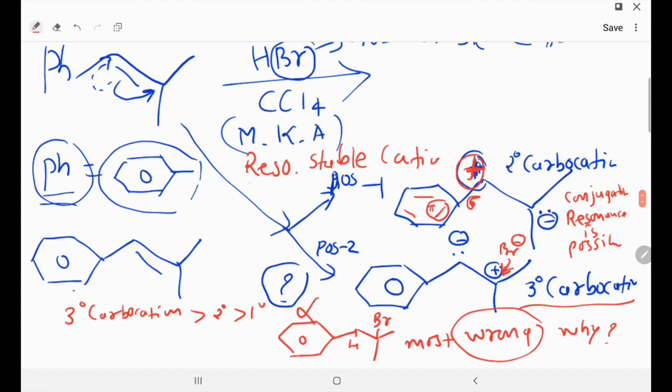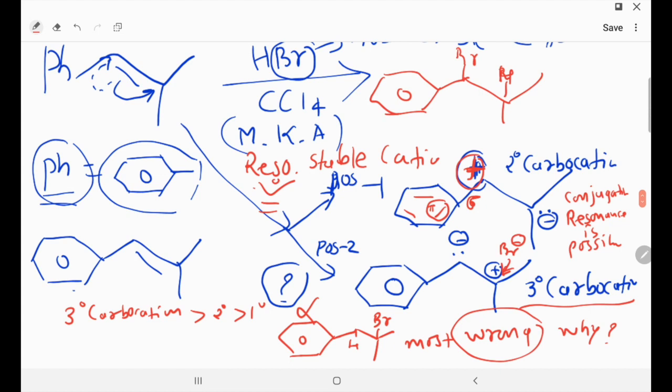So this one is the most stable among these two. Your major product will be something like this: 1, 2, 3, and bromine will be here and hydrogen will be somewhere here. This one is your major product.